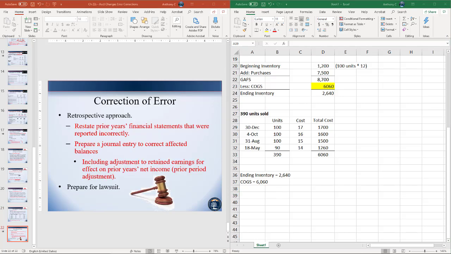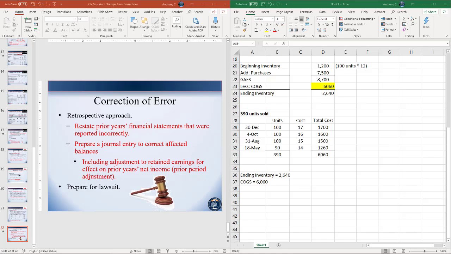And then the last slide is just corrections of error. As I mentioned before, for a correction of error, it requires a retrospective adjustment. So the company needs to figure out what accounts were affected by the error, and they need to go back and restate those.